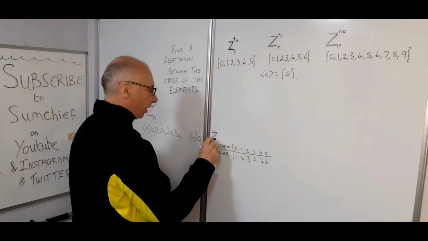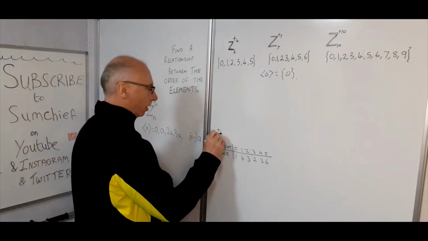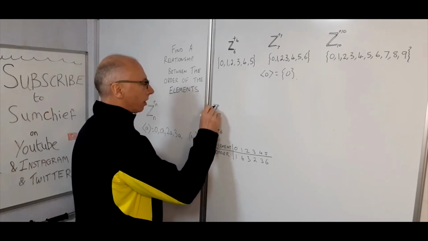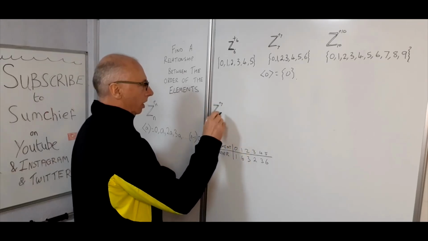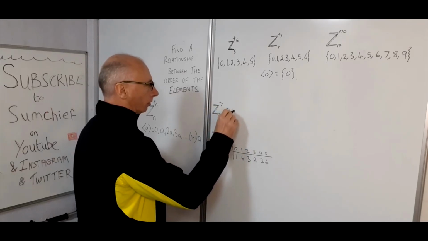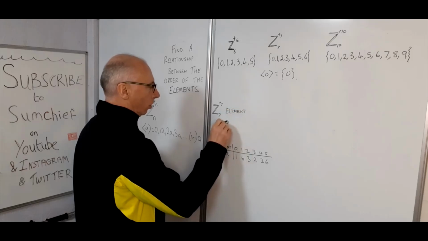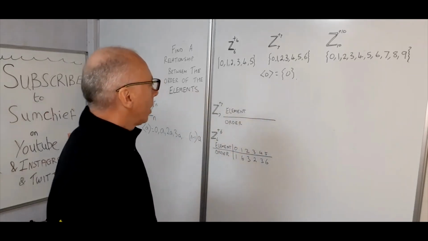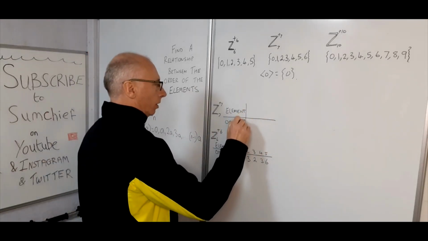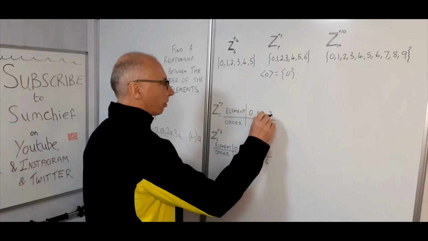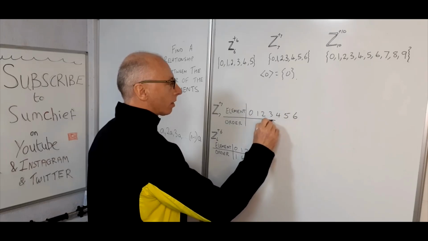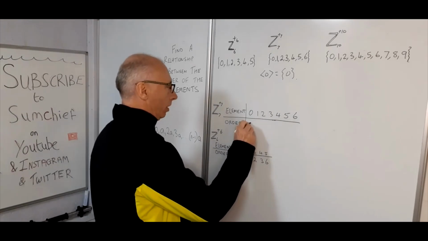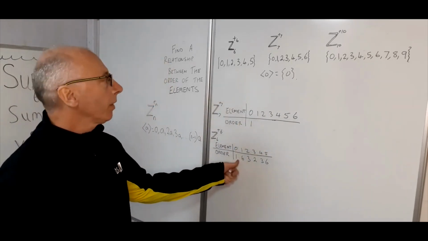So this is Z7 under addition mod 7, with element and order. Okay, so 0, 1, 2, 3, 4, 5, 6. 0 has order 1, which seems to be the same as with the previous group.